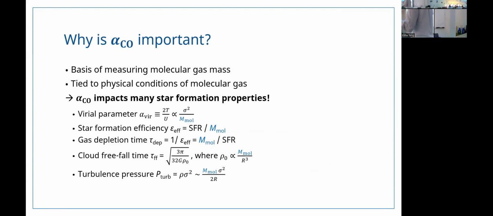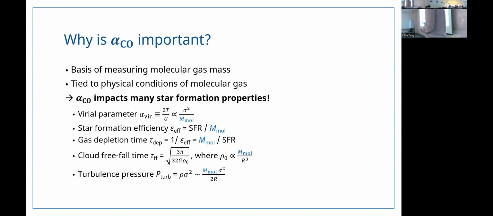So now we see that alpha CO does vary within and between galaxies, but why is studying alpha CO variation important? So I've shown that alpha CO is the basis of measuring molecular gas mass, and it is tied to the molecular gas conditions.